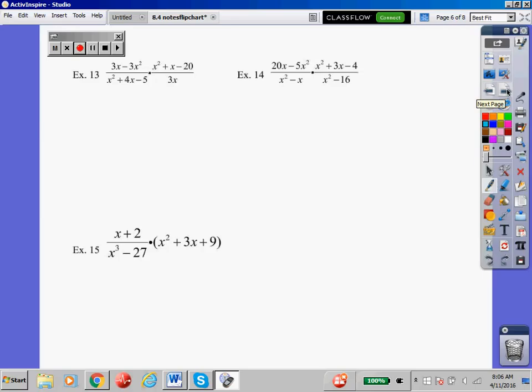Okay, we're going to get to example 14, then pause, and I want you to have a few minutes to work on the homework. In 13, here's where it gets a little bit more interesting, and this is where the steps really make sense. What you want to do is you want to factor first. So in my first numerator, there's a GCF. I'll pull out a 3x, and I get 1 minus x. In the denominator, this is x plus 5 times x minus 1.